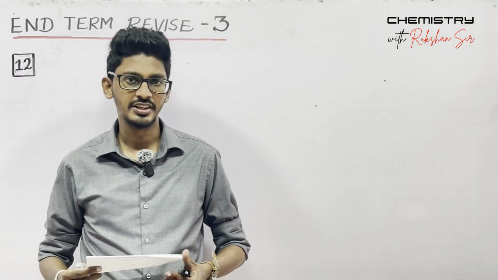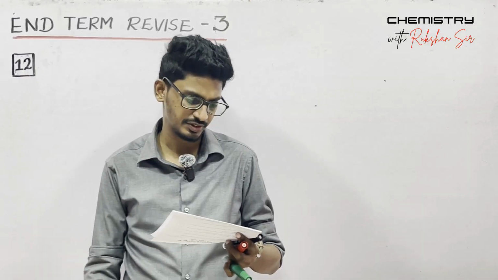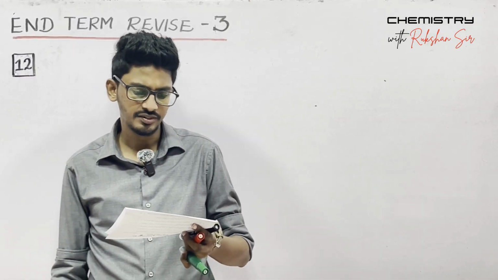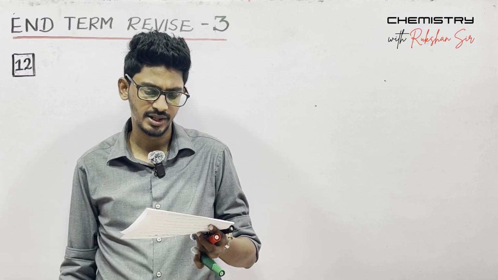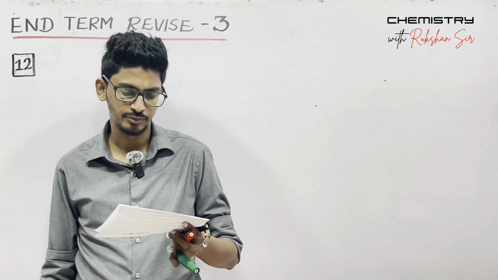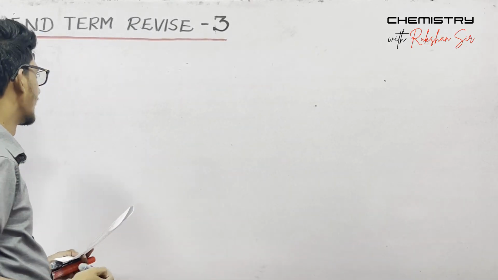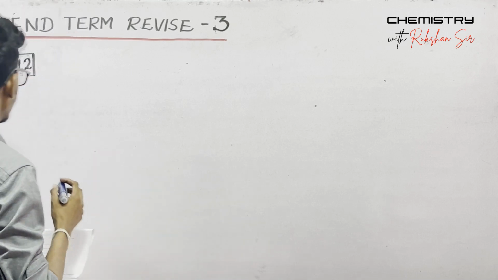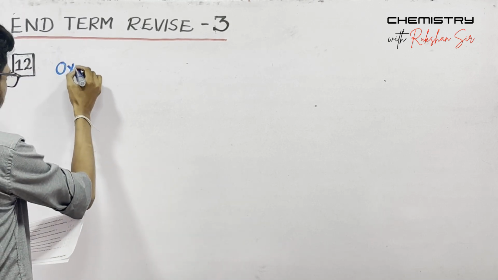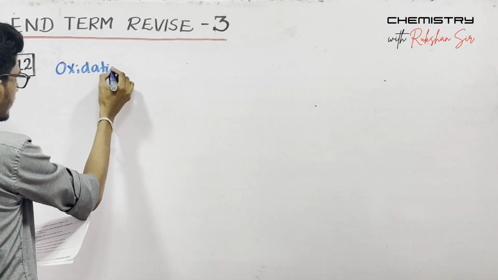Let's discuss statement 12. See what it says: the oxidation state and the valency of nitrogen in NH4 plus are -3 and 5 respectively. See the oxidation state and the valency. What is the oxidation state?